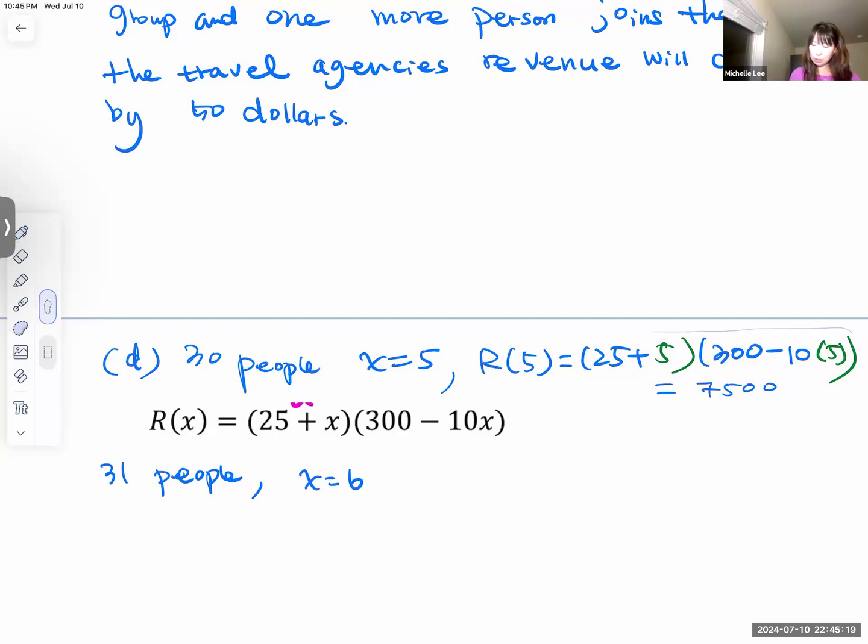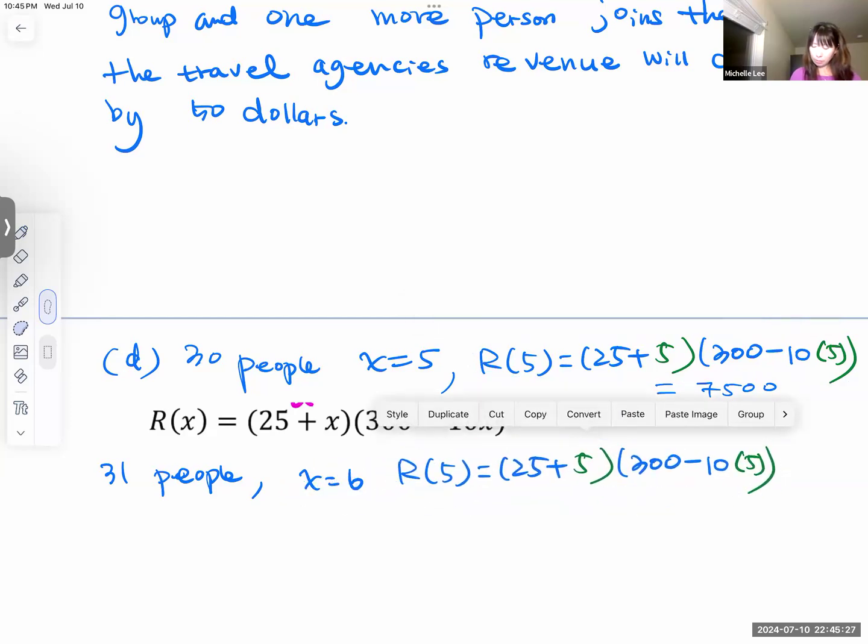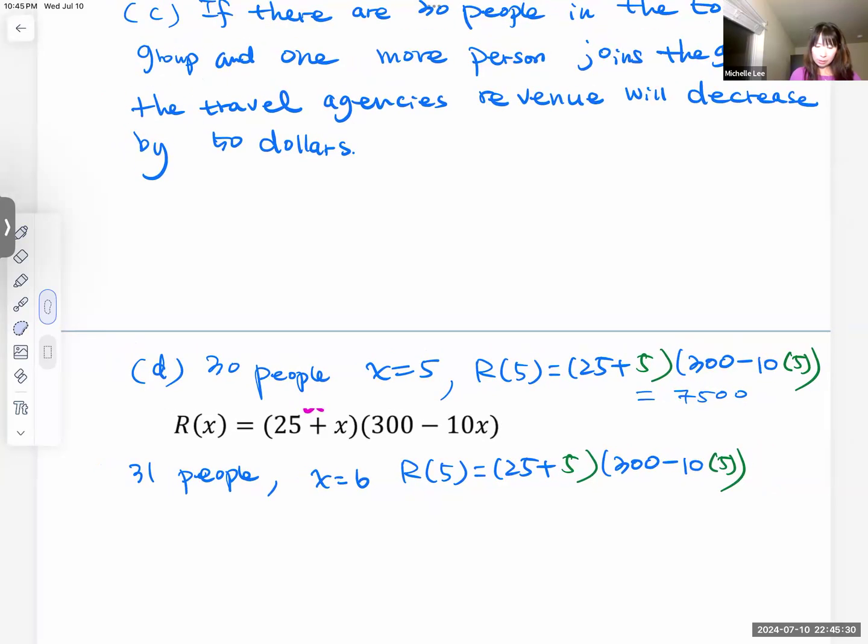Let me copy this one. Then I want to change that to 6.